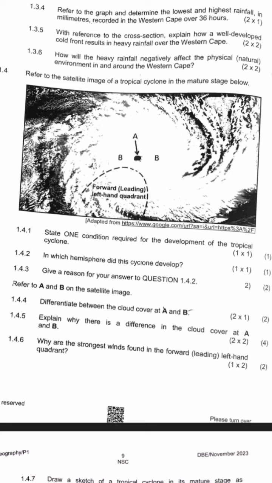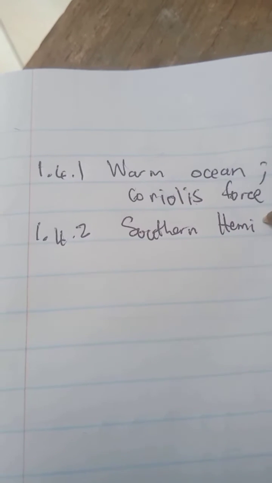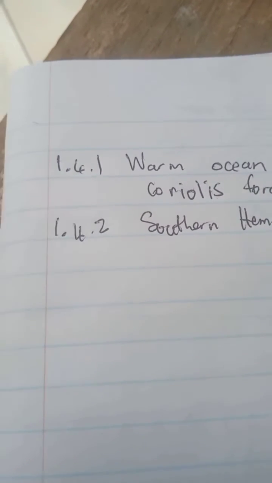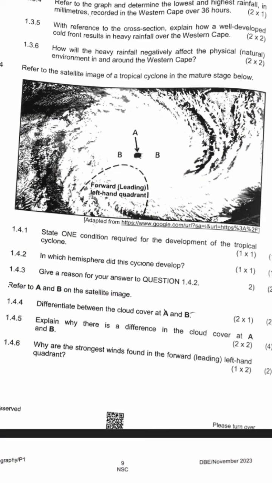If it is anti-clockwise, then of course it is in the northern hemisphere. I see these spirals, and these spirals are moving clockwise. This has to be in the southern hemisphere. So that's 1 mark.